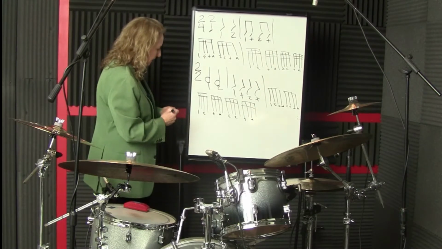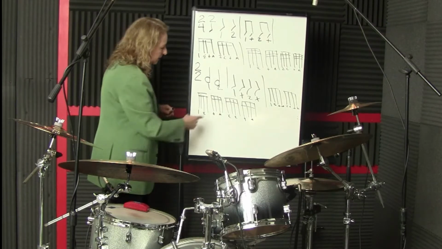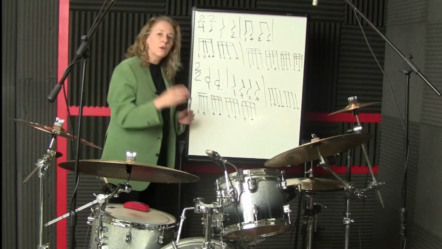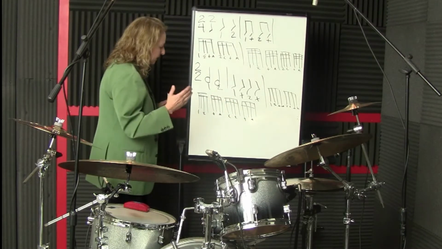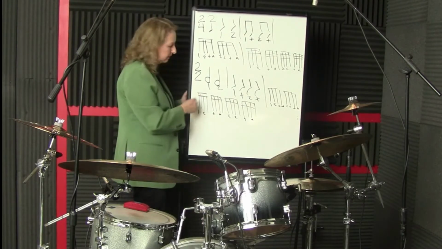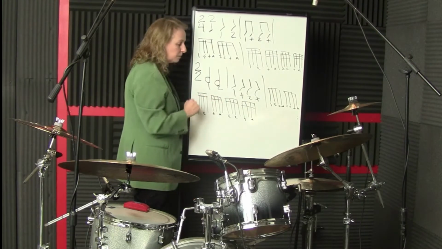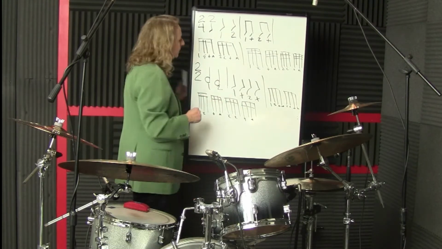After the 16th note comes the 32nd note times 2, 32 32nd notes. And this time the counting is going to be, pretend they were 32nd notes, this group of 4 would be 1. The next group of 4 would be E, and so on and so forth.